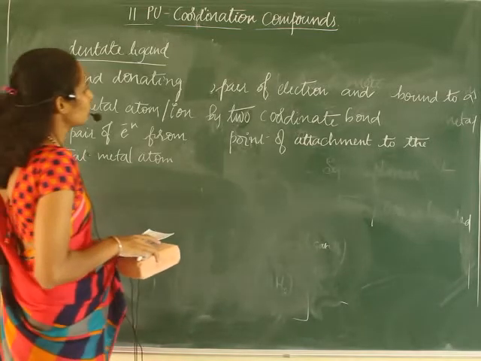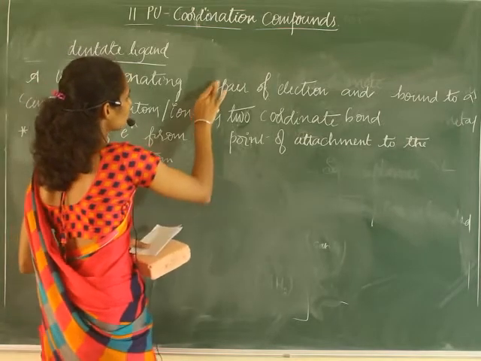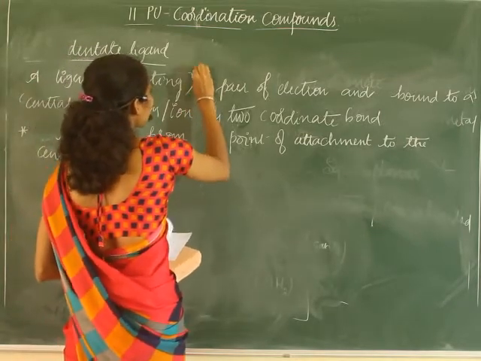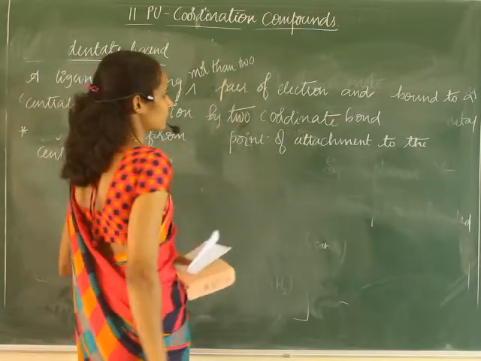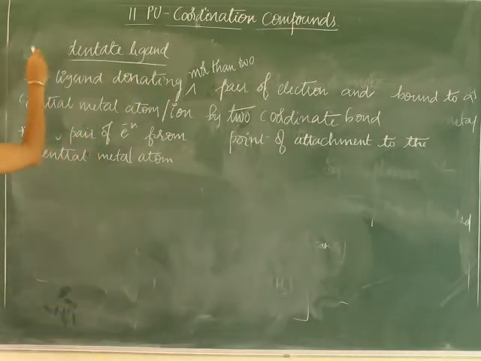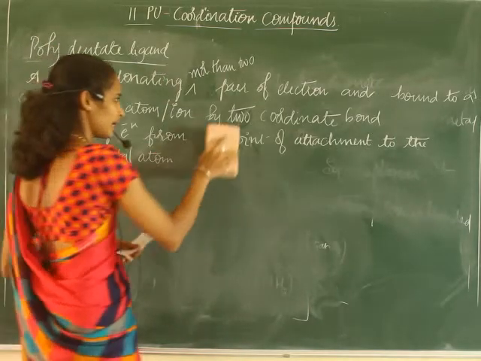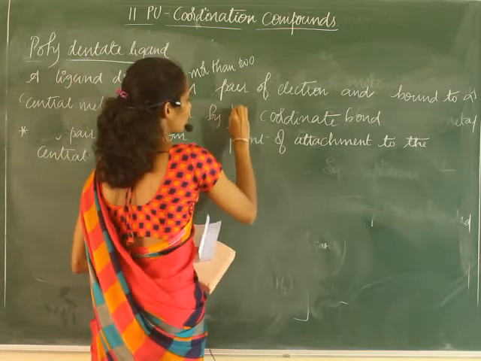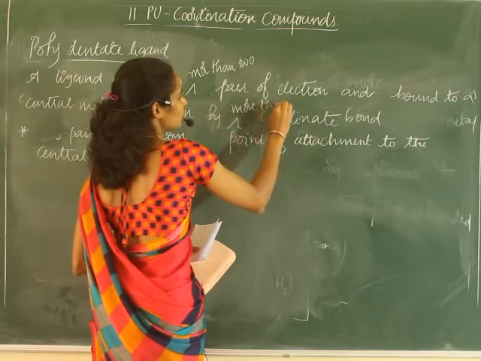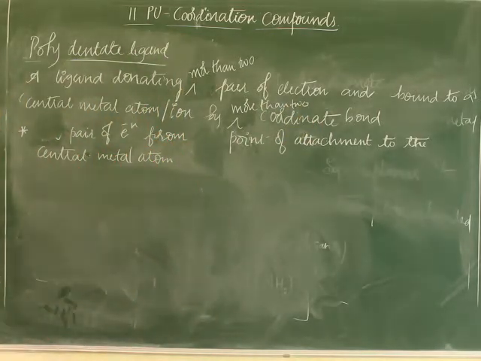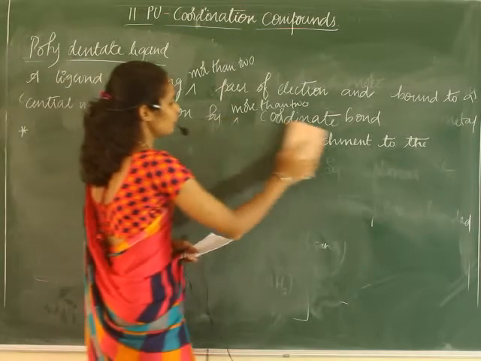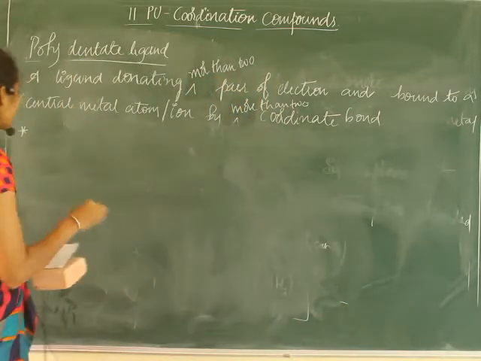A ligand donating more than two pairs of electrons and bonding to the central metal atom or ion by more than two coordinate bonds. More than two, then it is called poly. Here also more than two pairs of electrons can attach to the central metal atom.